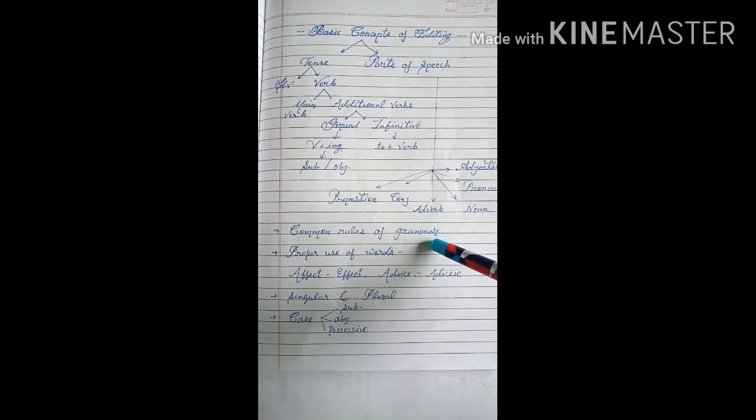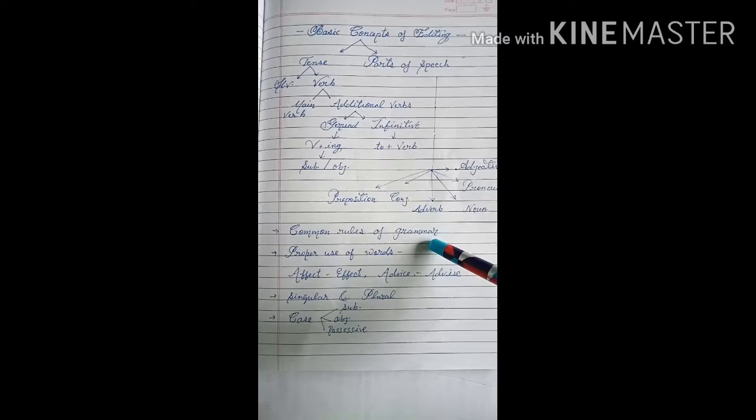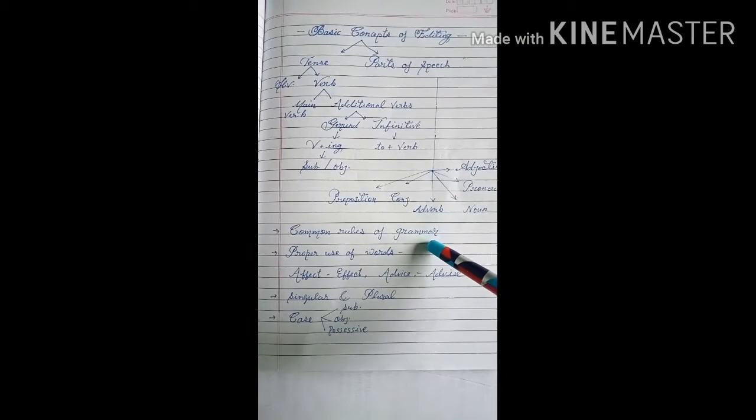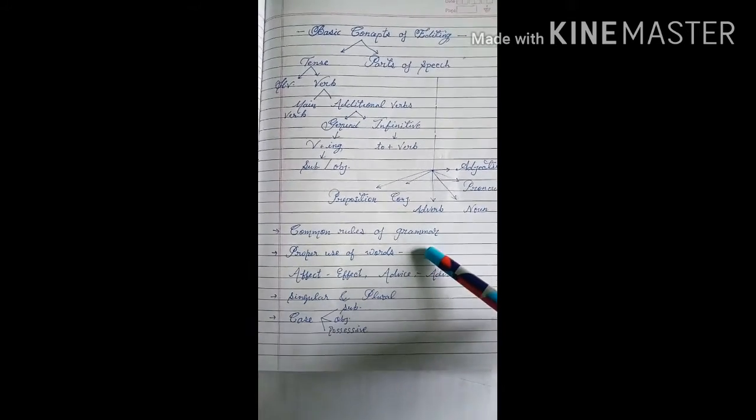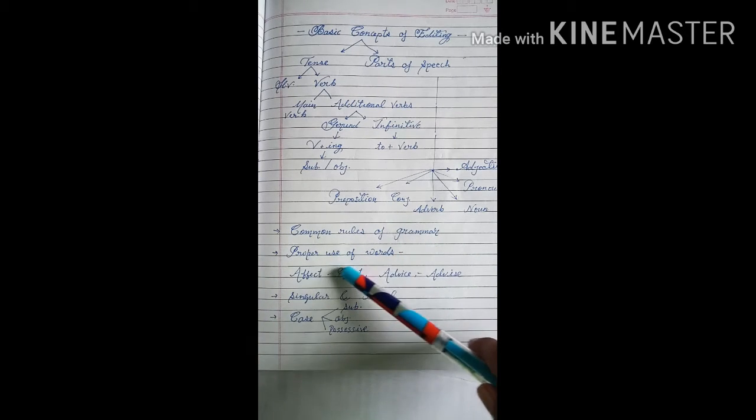As you know, there are so many rules in grammar. So if we want to solve these kinds of problems, we need the common rules of grammar, so then we can correct the sentences in a good manner. I am giving here some examples, like proper use of words.